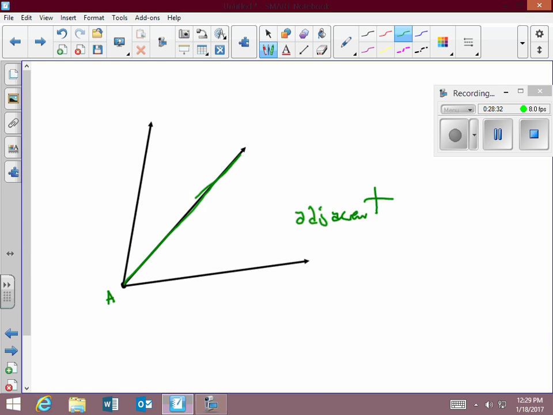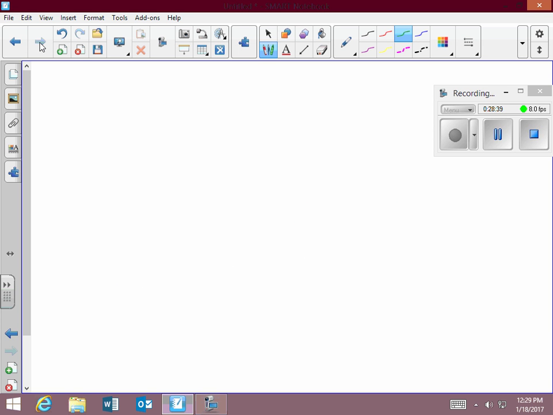Okay. Number 2 in a set of problems. How many different line segments have B as one of the endpoints? Name them.